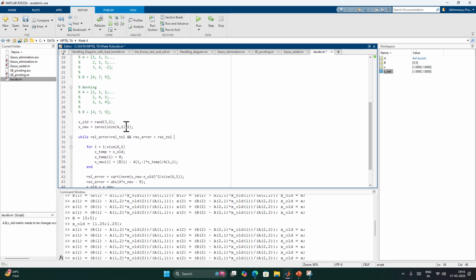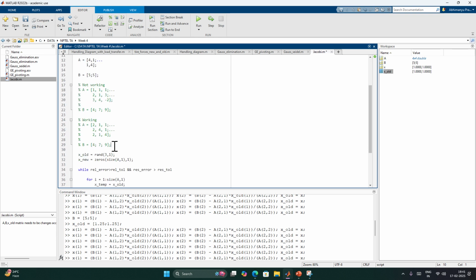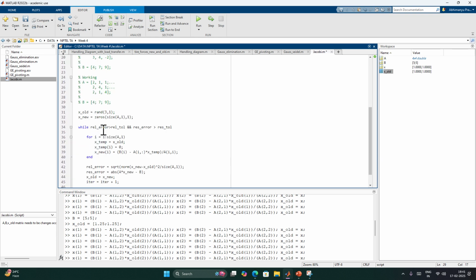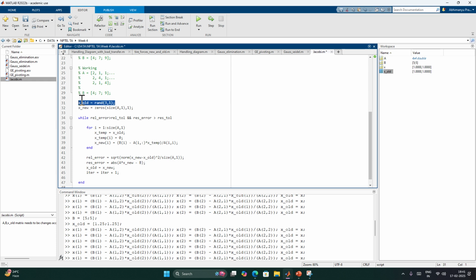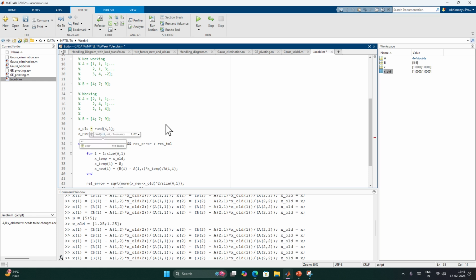Okay, so I will just now go through this program. So this is the initialization of the tolerances and the current error values. This is for the number of iterations. So these are my A and B matrices. I am initializing my x old, some random values. For now, make this compatible to the size of b.